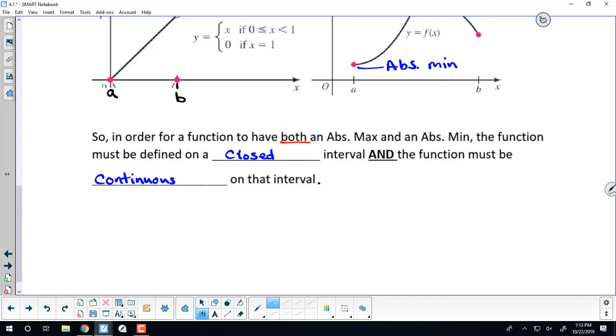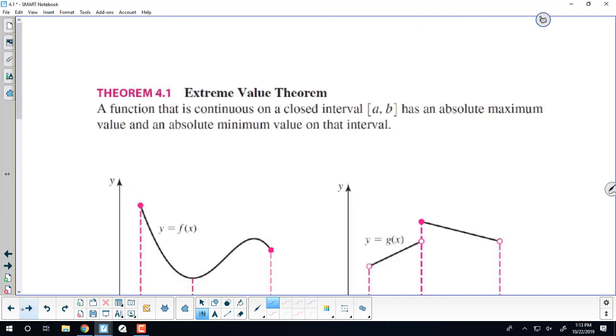And that's actually stated formally in the theorem on the next page, Theorem 4.1, the Extreme Value Theorem. It says a function that's continuous on a closed interval has an absolute maximum value and an absolute minimum value.